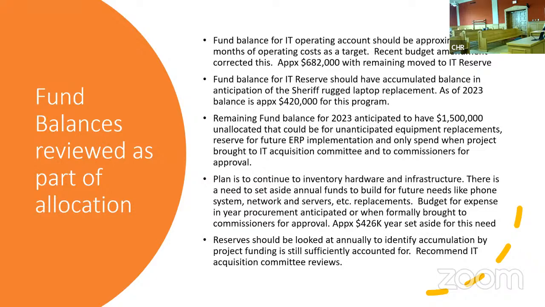And then finally, I just think that the IT acquisition committee would benefit by helping look at these reserves on an annual basis too. And just have somebody else looking at them and making sure we're not forgetting anything that we want to reserve for and that we want funds for in the future.